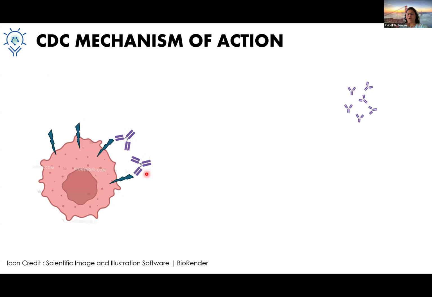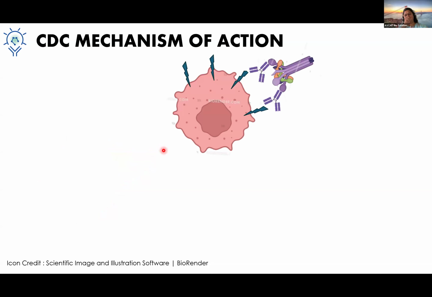Once these antibodies are tagged, the complement C1, that is C1q present in the plasma, will go and bind to the Fc portion of the antibodies. The moment there is C1q binding, the other C1 complex components like C1r and C1s also bind to this component, and they form the C1 complex.